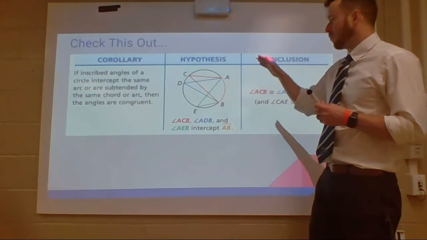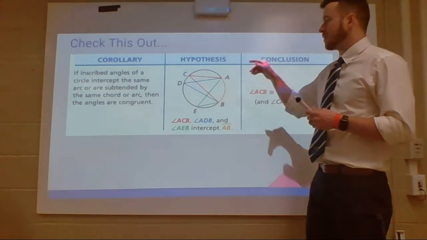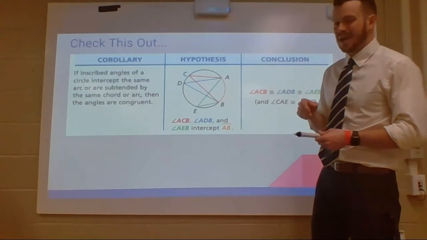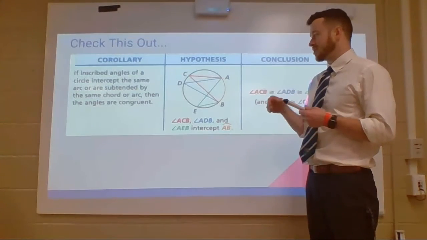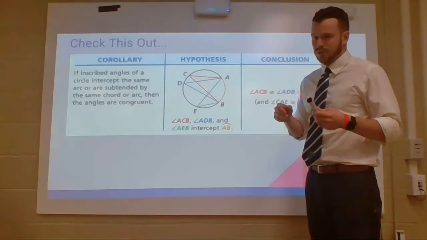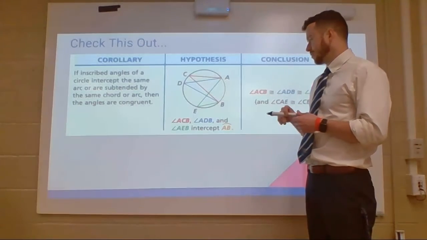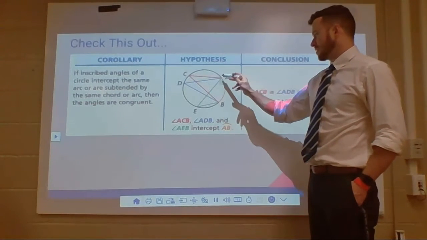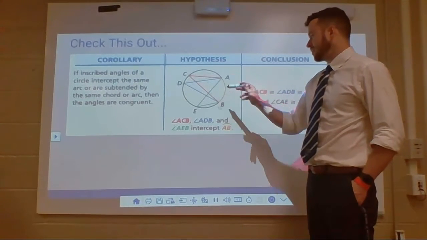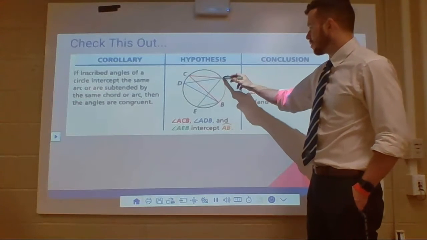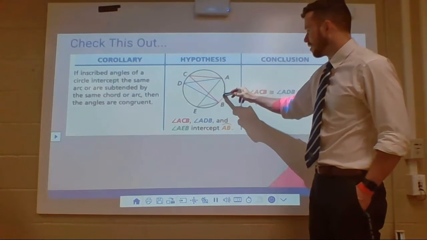Here's something that we can learn about these. If these inscribed angles of this circle intersect the same arc or are subtended by the same chord or arc, then those angles are congruent. Let me make that a little simpler. Here's the deal. All of these angles, ACB, ADB, AEB, they all intersect this arc AB.